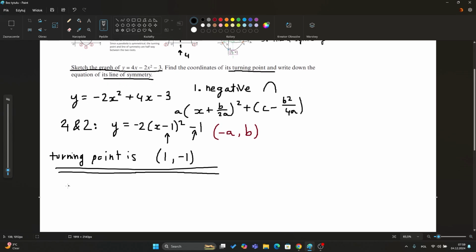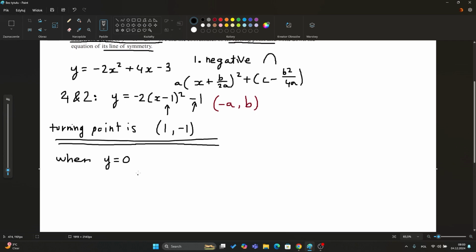Now we find the solutions. So when y is equal to 0, we add 1 on both sides and divide by minus 2 to get us minus a half.